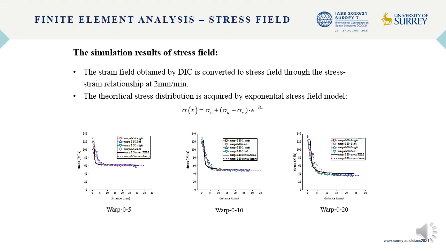The stress distribution at crack section is displayed in the picture. The strain distribution obtained by DIC is converted to stress distribution through the stress-strain relationship. The theoretical stress distribution acquired by exponential stress field model is also listed.